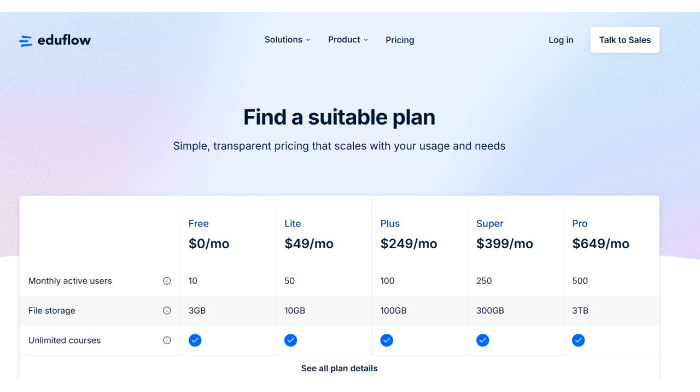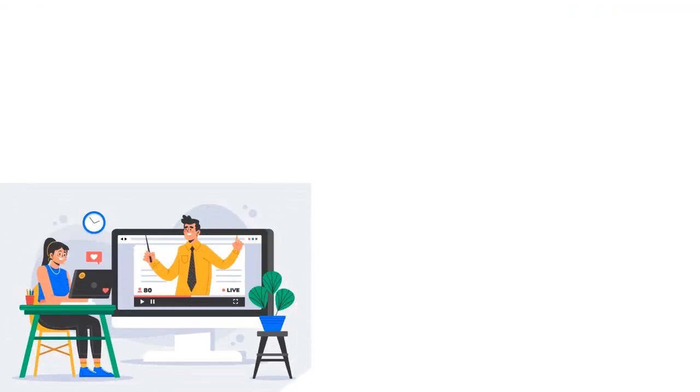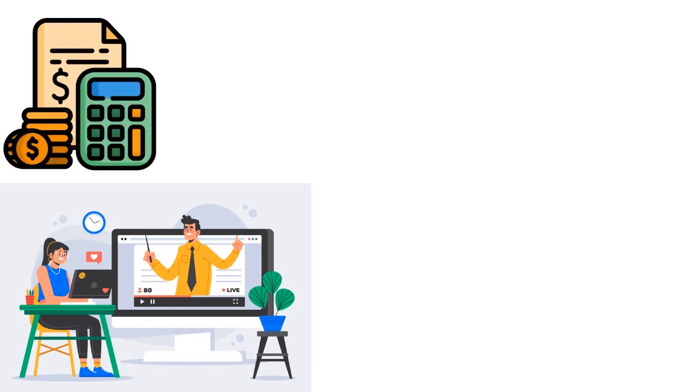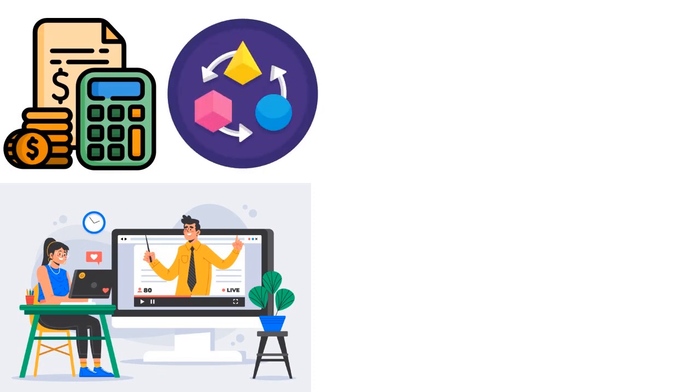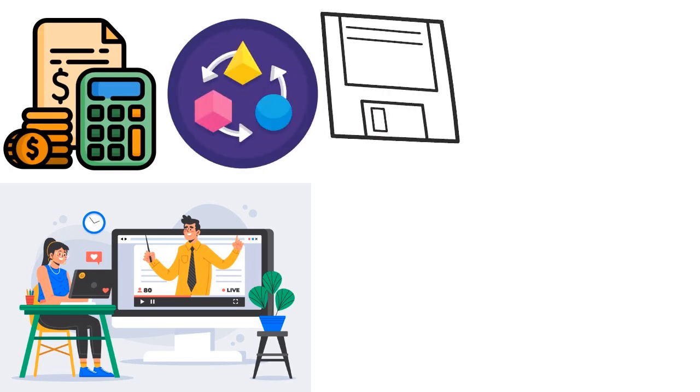Now the pro tier is actually cool if you have an established learning business model already, because the pro tier will cost you 649 bucks per month. That's the price as of the date of this show, but you have lots of flexibility, especially when it comes to file storage, because you are looking at 3 terabytes.